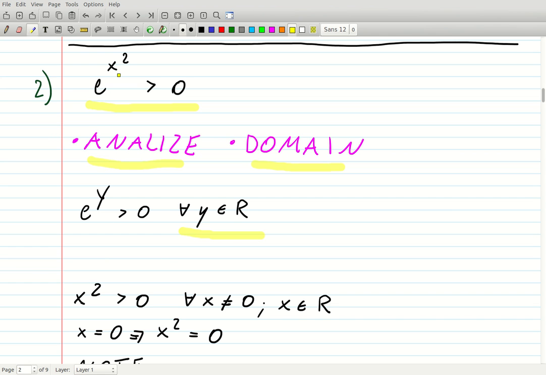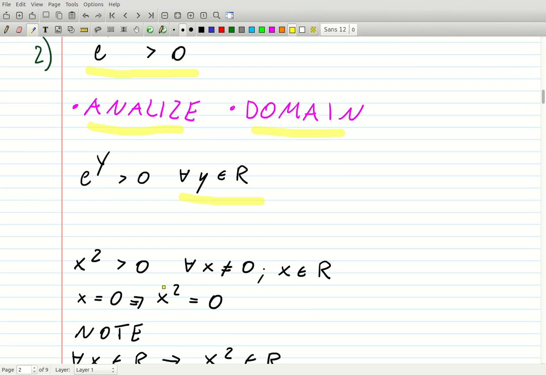The other function which makes up this big function is x squared. x squared is defined for every real number, and it is greater than 0 if and only if x is different from 0. Otherwise, it will always be greater than or equal to 0.